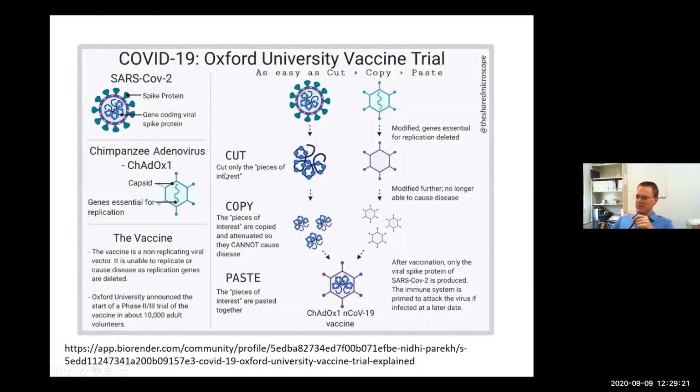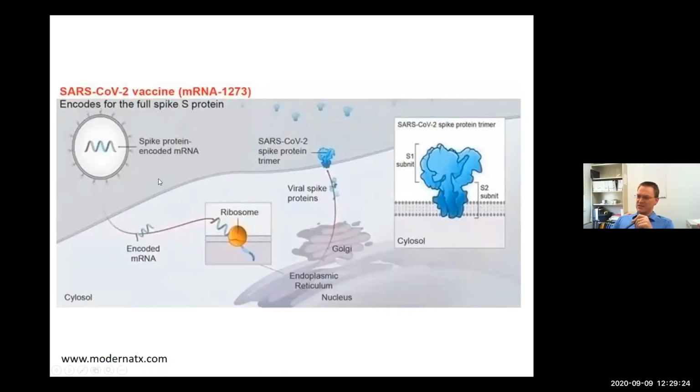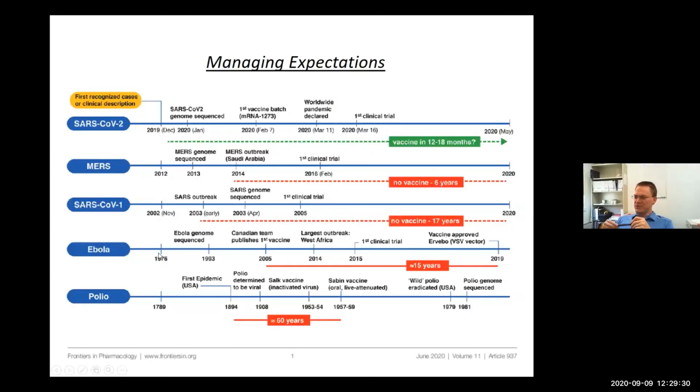And I'll skip through this because I talked about how these different vaccines work. But when we think about expectations, there's been a lot of hype in the news about one of these coming out very soon. If we look back at recent history, it was 15 years from the time Ebola was discovered until we had a vaccine approved.